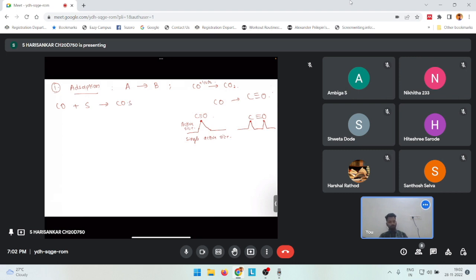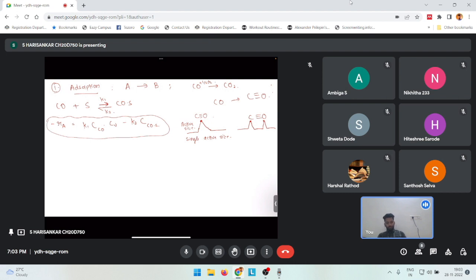So if you want to write the rate of adsorption, and this is a reversible process, with K1 and K2, the rate of adsorption will be K1 concentration of CO into concentration of S, where S is the vacant site, and we put the notation as Cv, concentration of vacant sites, minus K2 into concentration of the adsorbed reactant molecule. This will be your rate of adsorption.